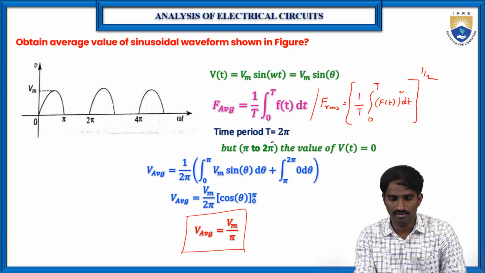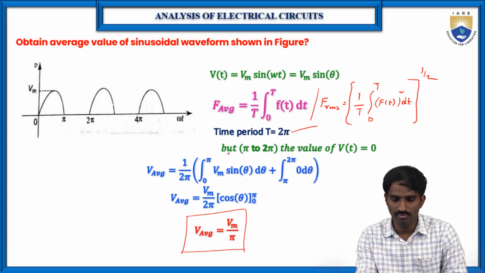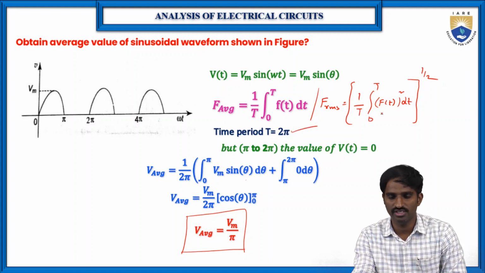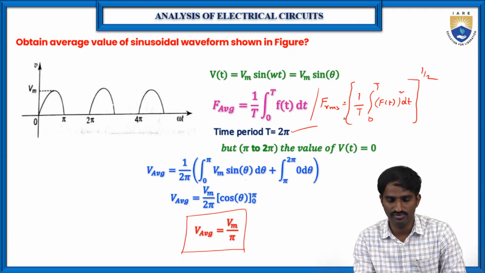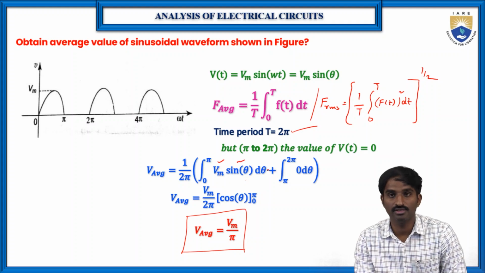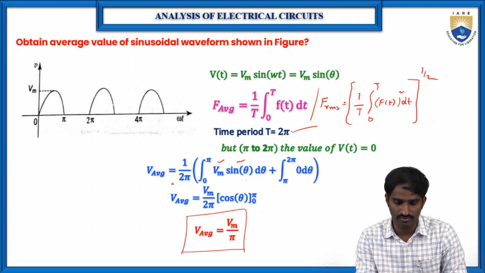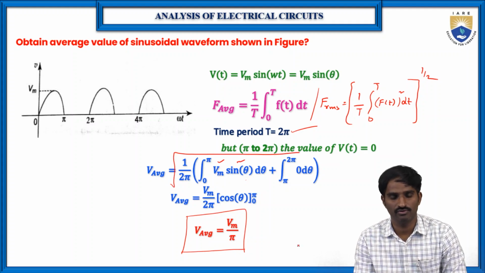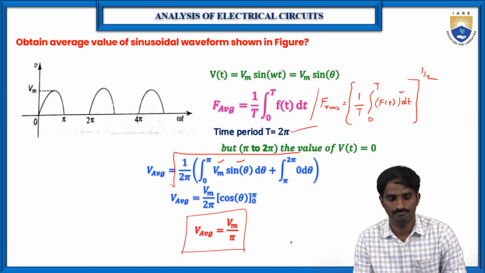Again the time period T is the same and the limits are also the same. Only the change is f of t whole square, which means here you will get Vm square into sine square theta, and the square root. So this way you can find the RMS value of the given periodic waveform.